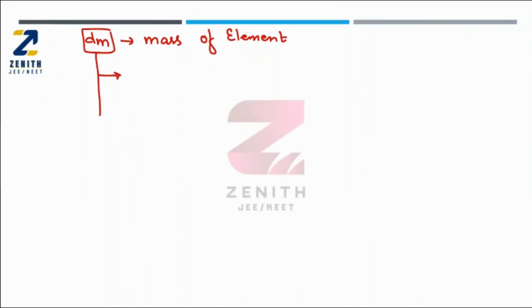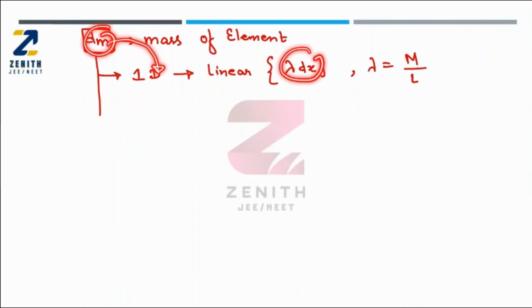If I talk about the one dimensional case, that means linear, it can be defined in terms of linear mass density: dm equals lambda dx, where lambda is mass per unit length.